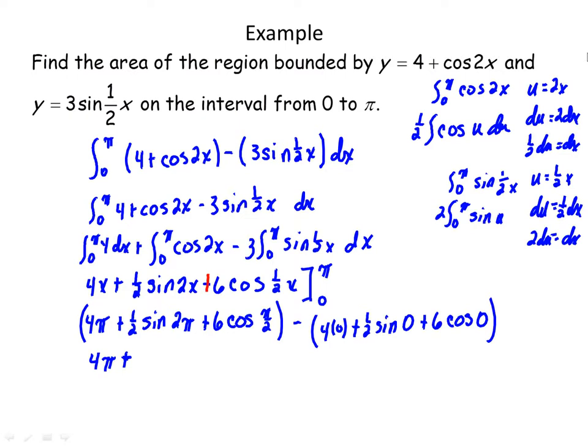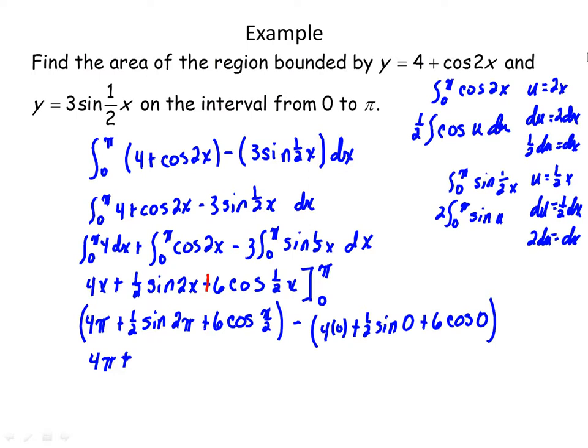Use your unit circle. Where is 2 pi? It's over here at 0, is it not? This has an ordered pair, if you remember your unit circle. It has an ordered pair of 1, 0. Sine is always Y. Okay?